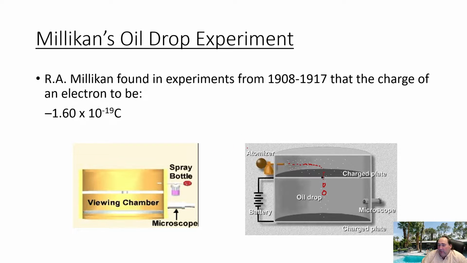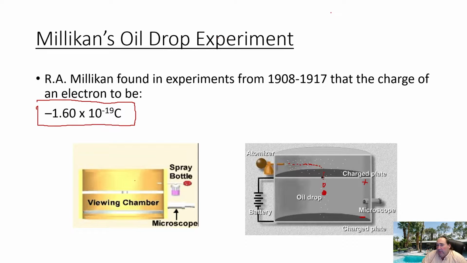There was an electrical field in the plates, and he was able to adjust the electrical field in such a way that he could suspend the oil droplet. So the oil droplet wouldn't fall and wouldn't go up; it would just stay in one place. From that, he was able to figure out the actual charge on an electron, which was minus 1.6 times 10 to the minus 19.